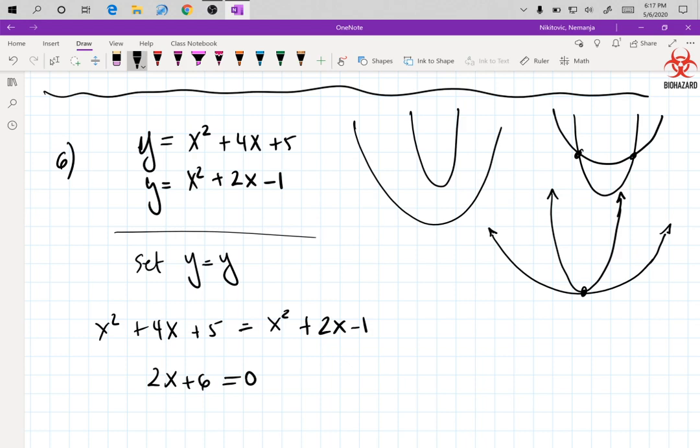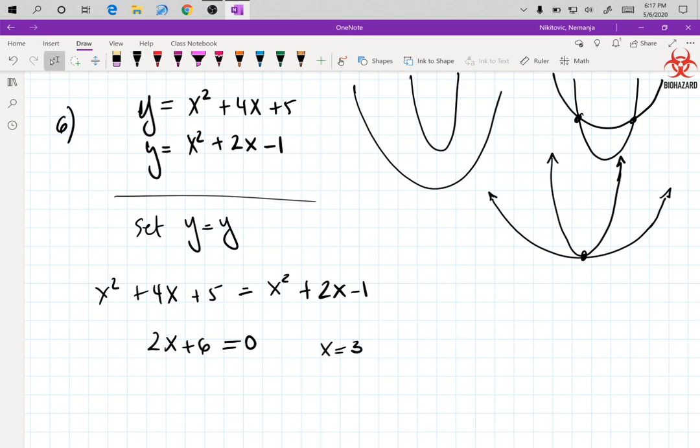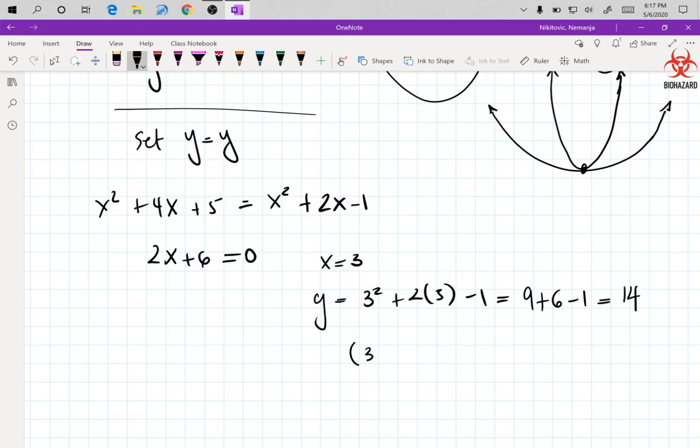Cool. Well, x is 3. That's obvious. And then use any of the equations to calculate y. So y is going to be 3 squared plus 2 times 3 minus 1. I'm using the second equation because it has smaller numbers and I'm lazy. So that's 9 plus 6 minus 1, which is 14. So the answer is 3, 14.